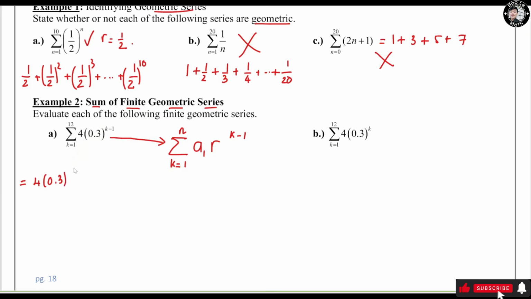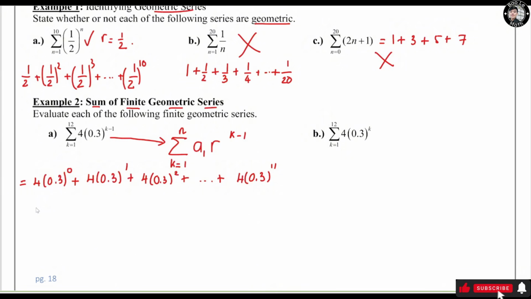When k equals 1, it's to the power of 0. K equals 2, it's 4 times 0.3 to the power of 1, plus 4 times 0.3 to the power of 2, plus etc., plus 4 times 0.3 to the power of 11.